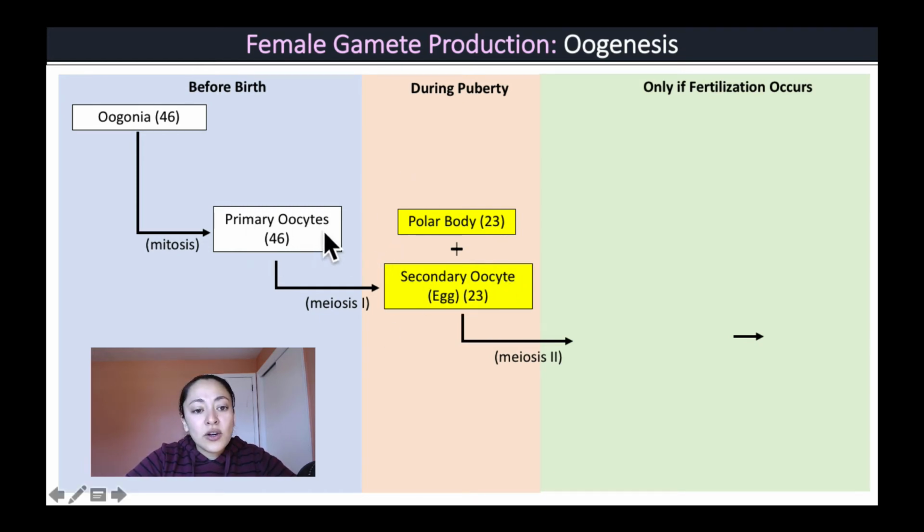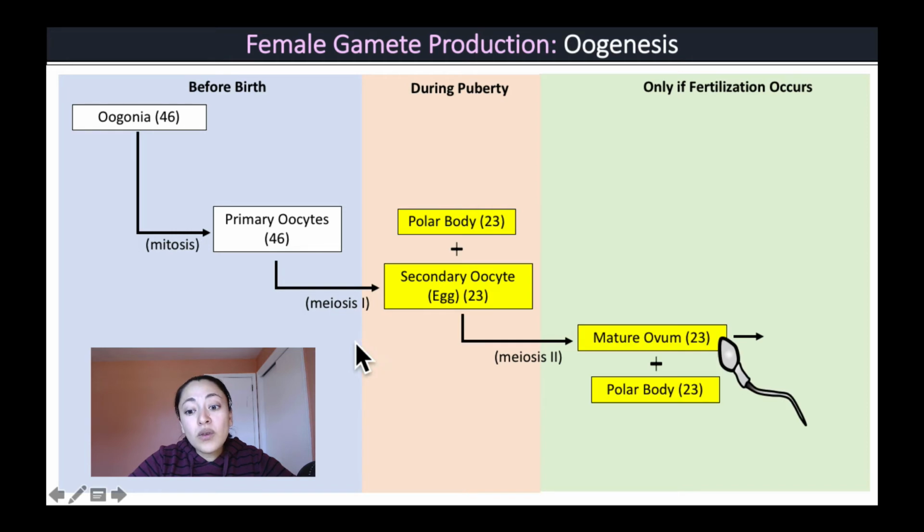When this cell splits, it creates 1 secondary oocyte, and the other cell is called a polar body that will eventually just die. This secondary oocyte will undergo meiosis 2, but only if it's penetrated by a sperm cell. If the sperm cell penetrates it, it will become a mature ovum, and then it will also form a polar body that dies.